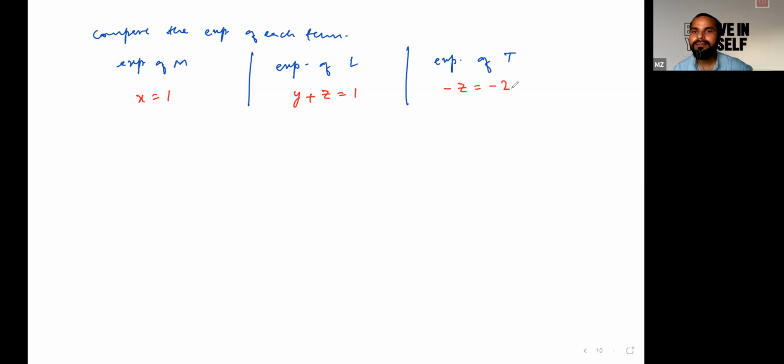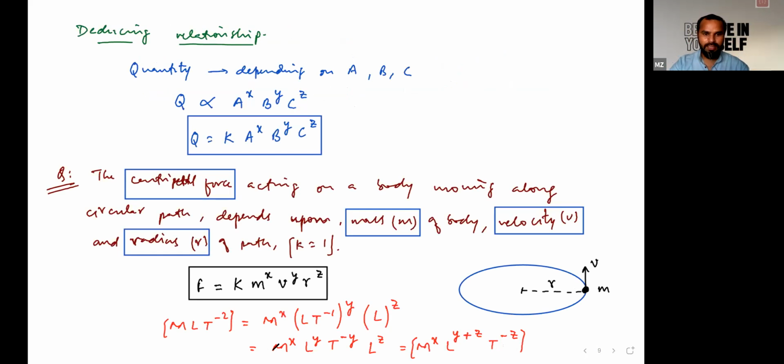Is it clear? Mariam? Sir, is it negative y equals -2, right? Just see, here we have M raised to the power x on the right-hand side, and on the left-hand side for mass we have M raised to the power 1. So x would be nothing but 1.